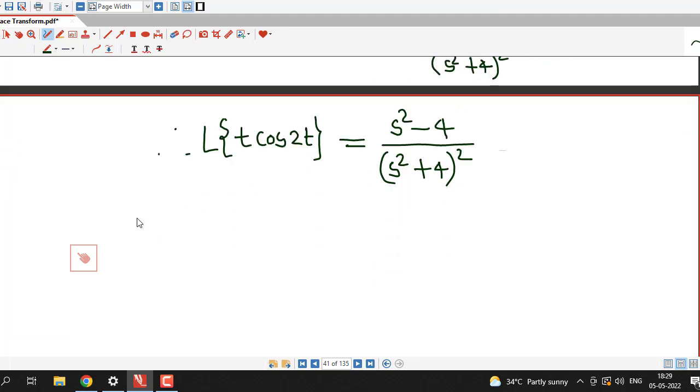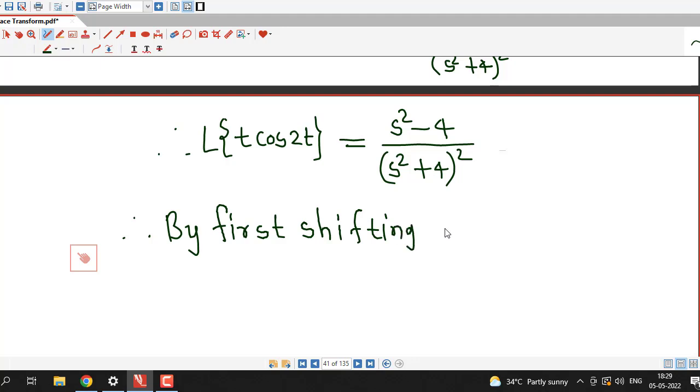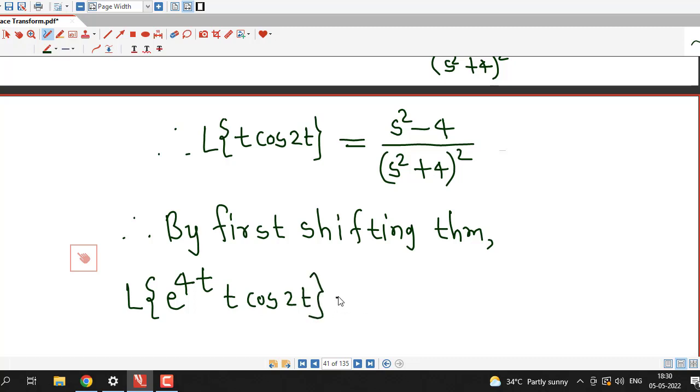And now we apply first shifting theorem. Therefore by first shifting theorem, Laplace transform of e raised to 4t t cos 2t is obtained by replacing s by s minus 4 in this function of s, which is Laplace transform of t cos 2t.